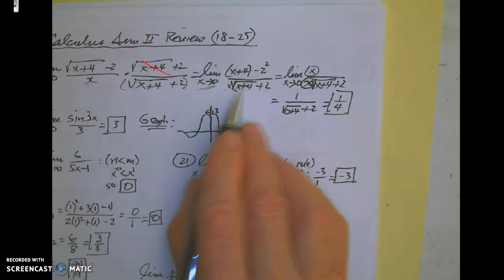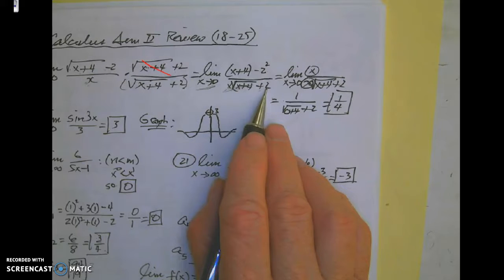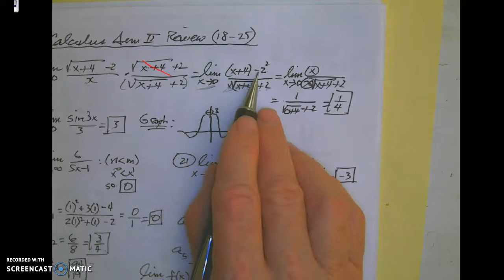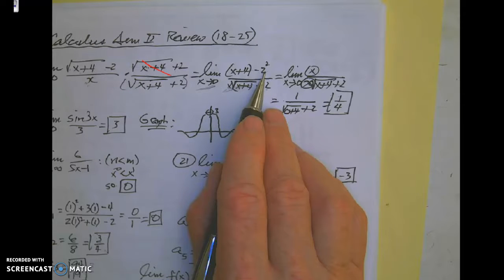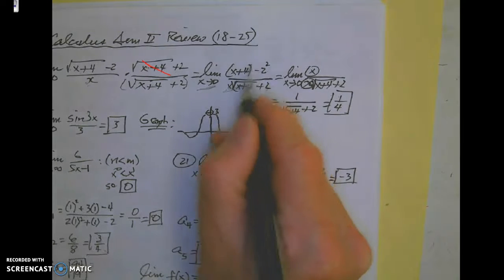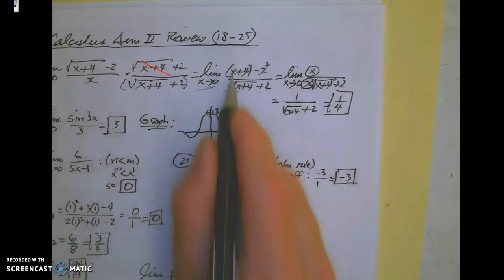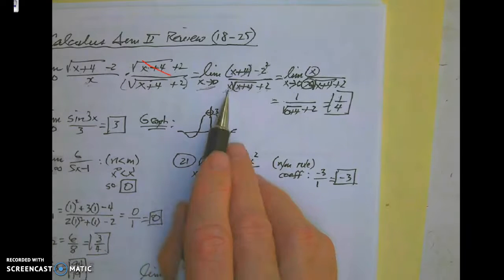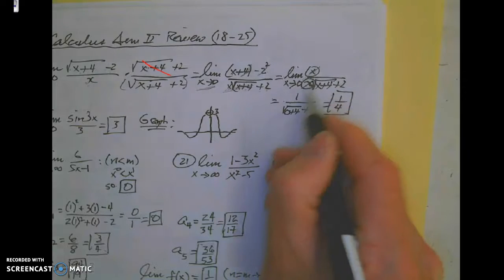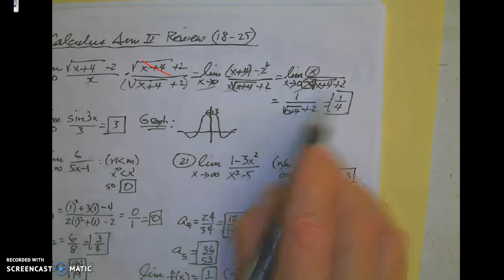So this whole term goes to 0, but I'm left with 2 right there. And then if I put a 0 there, I'm left with 4 minus 4. And basically the x's are all I'm left with. These two cancel out. And so I have x on top, and then I have an x down below. And if I have an x on top and below, those two can basically drop out. And then I'm left with just this.